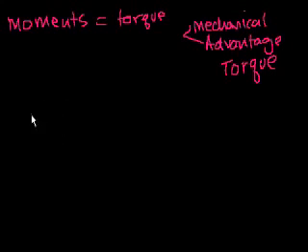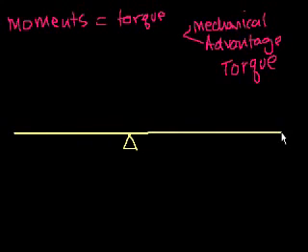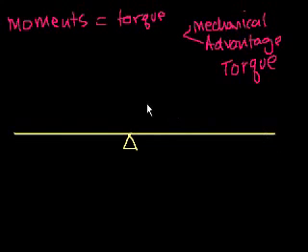What do I mean by that? Well, let me take a simple example. Let's say that I have a pivot point here, and some type of seesaw.